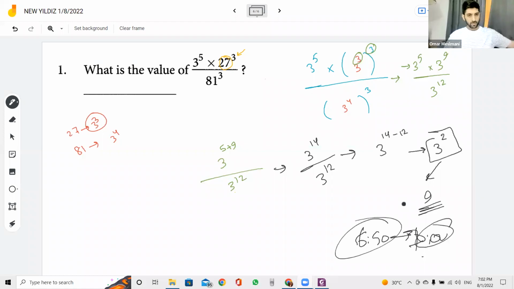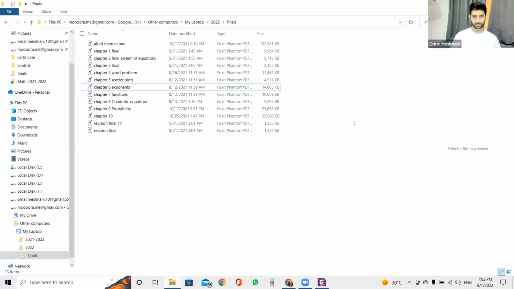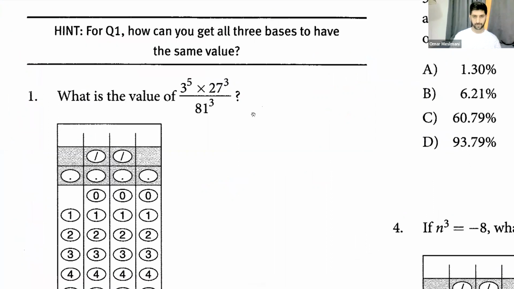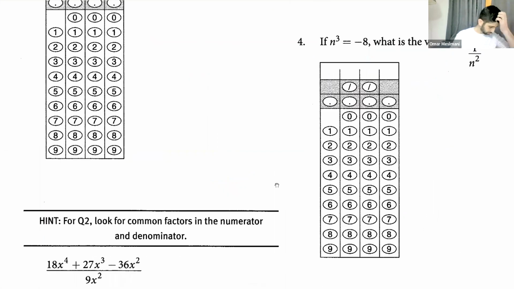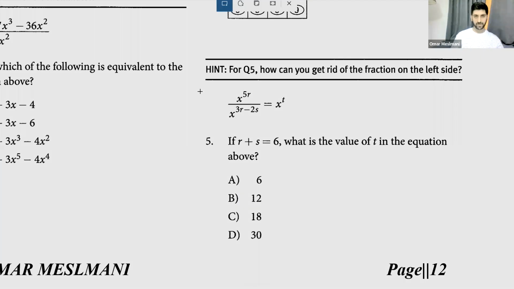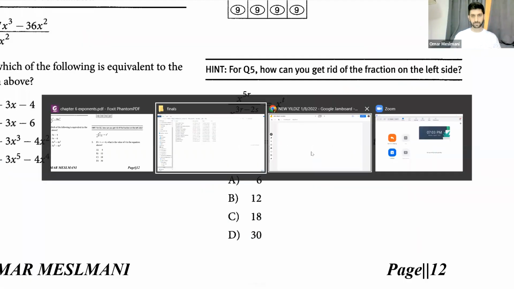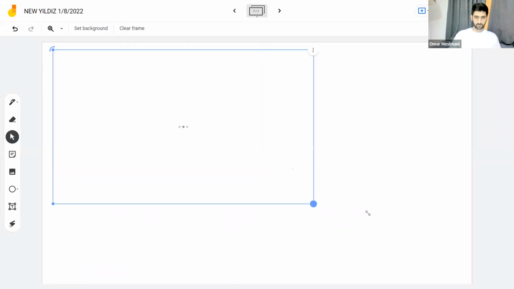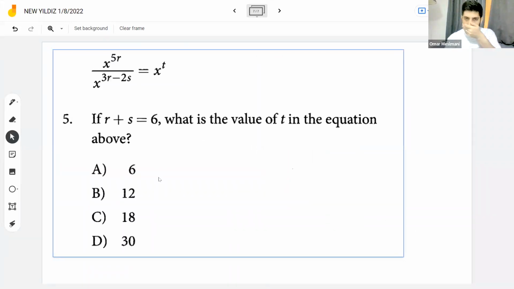Okay, guys, I'm back. Okay, try to solve question 5. Come on, Rahia, Radwa, Tasneem, Naya, Jana, Sana, are you here?